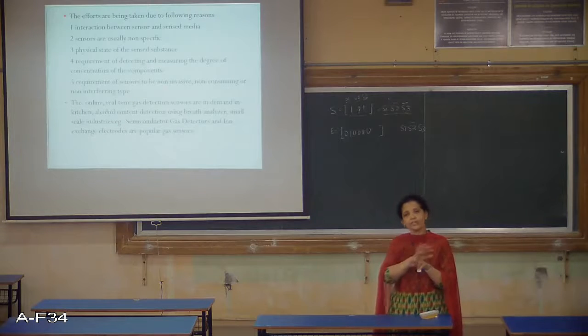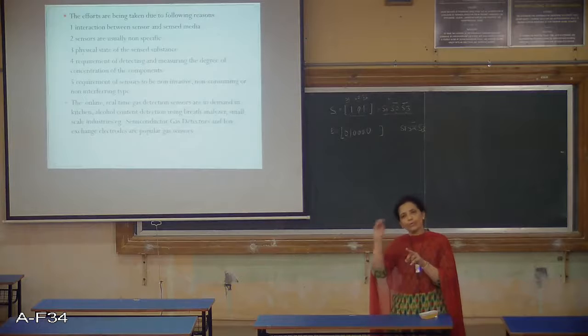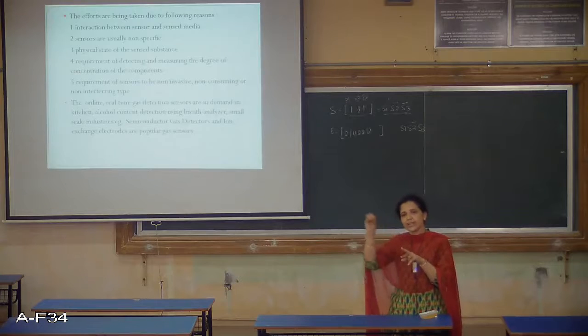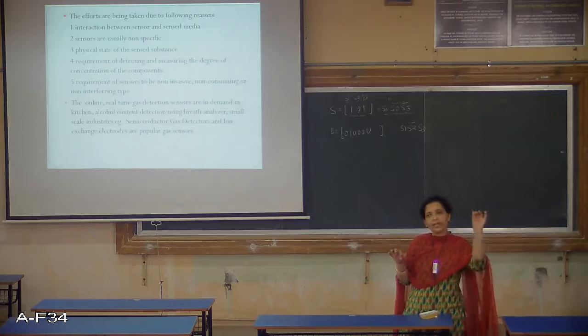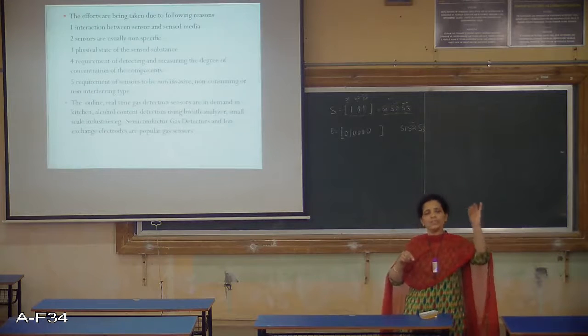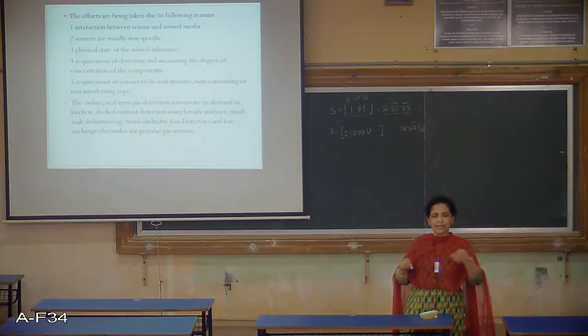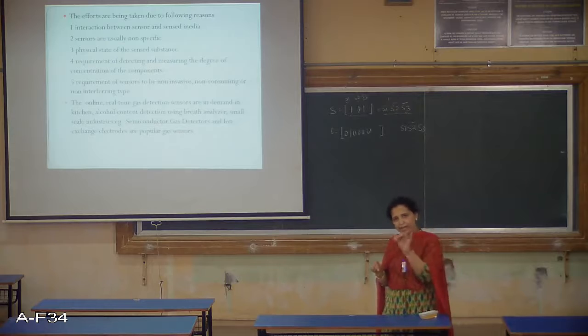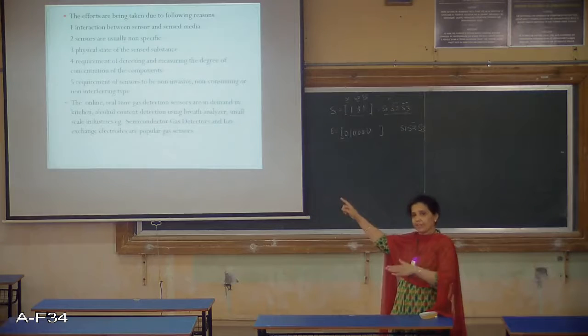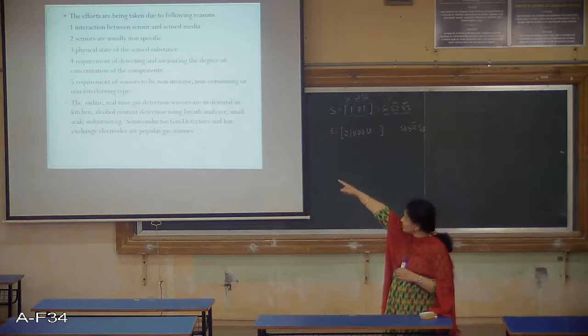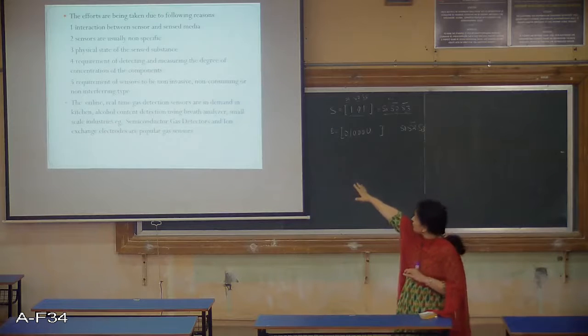Now nitrogen, wherever it is available, they are going to be utilized there. So in that sense they are non-specific. It is not necessary that nitrogen in the air only has to be detected. For that you have a specific sensor, not always. Any sensor which can detect nitrogen or which can detect carbon monoxide level can be used anywhere. So in that regard, sensors are usually non-specific.